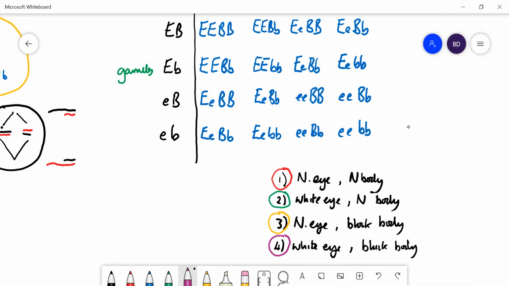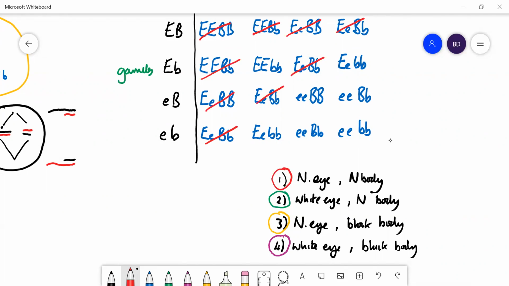Right, so let's count them up and see the possibilities. These red ones, normal eye and normal body, would be that one, and that one.